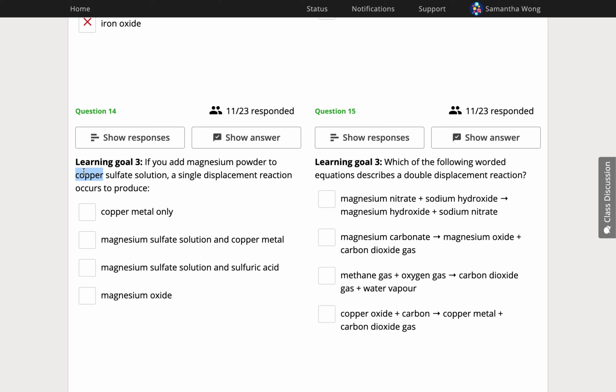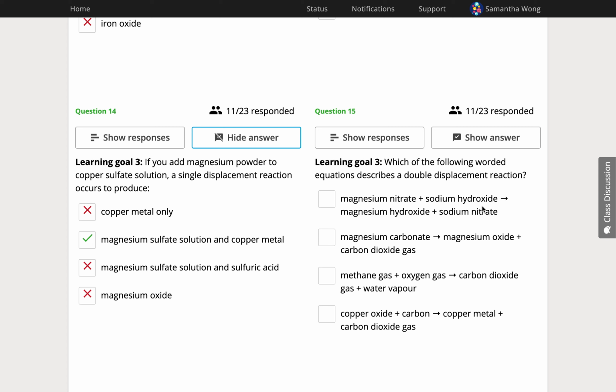As such, what you will end up with is solid copper, because the copper's kicked off here by the magnesium, and the magnesium takes its place. So you've got copper plus magnesium sulfate. And out of these two options here, this one fulfills that. So you've got magnesium sulfate solution plus copper metal. So if we check our answer, that confirms it there.